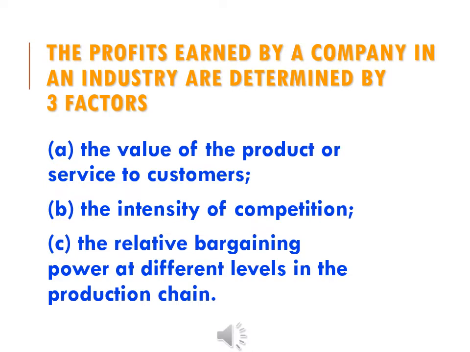Also, if this product or service has value to customers, then the customers are willing to pay a price for that product. So this is the price or cost of production, including overheads, and this is what the customers are willing to pay.